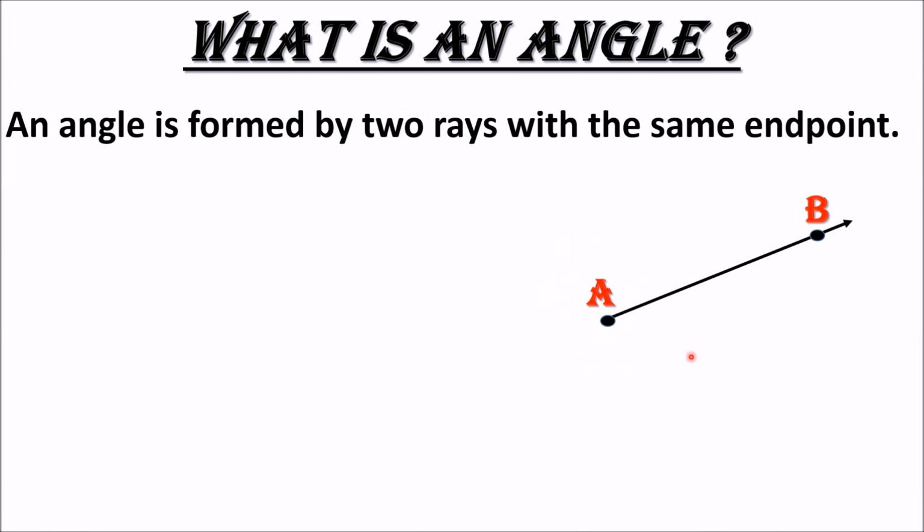So here point A is called the end point of ray AB. It can also be called the origin of a ray, or the fixed point of a ray. So what is the point A here? It is the end point of ray AB.